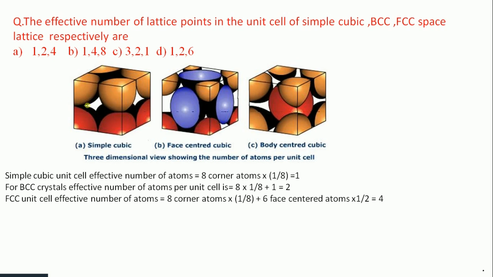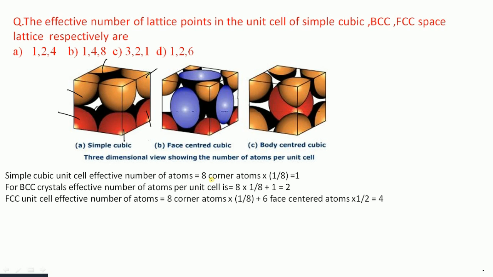See here, in a simple lattice there are 1 2 3 4 5 6 7 and 8. There are totally 8 atoms covering 1/8 of its volume.